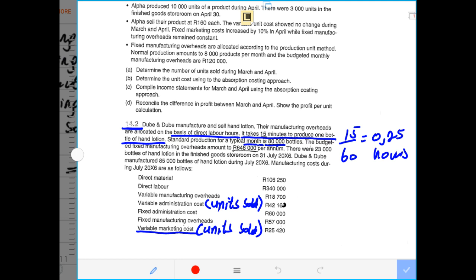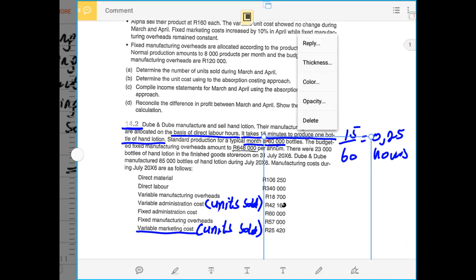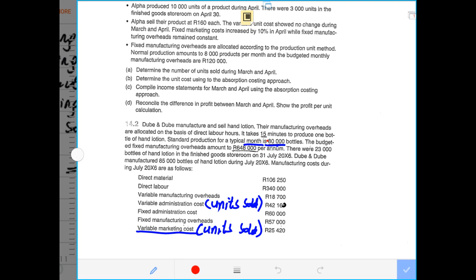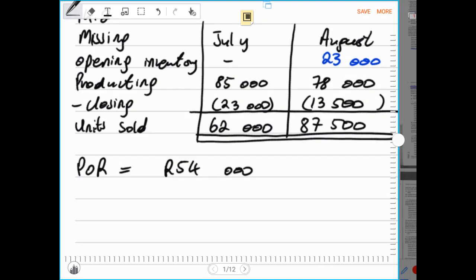So we have to take the 80,000 units per month and convert this into the number of hours.